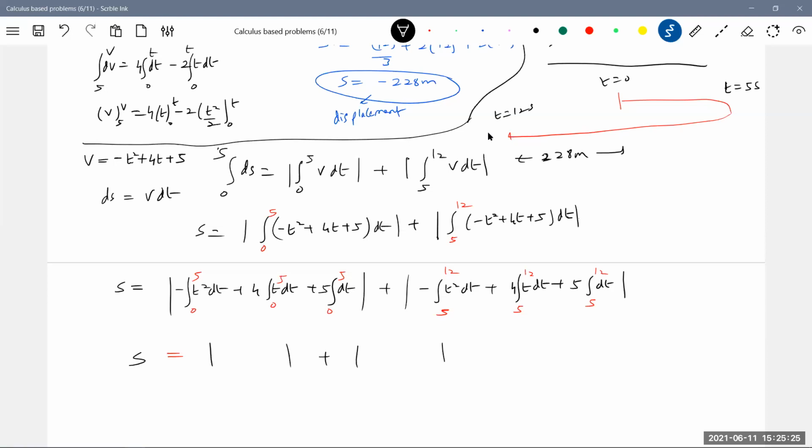First one, do simplification, substitute upper and lower limits.